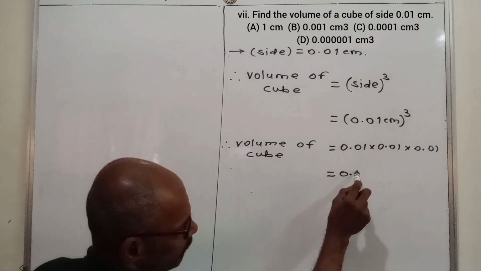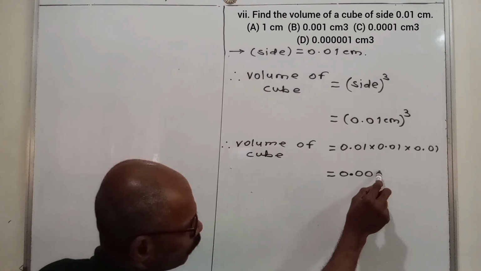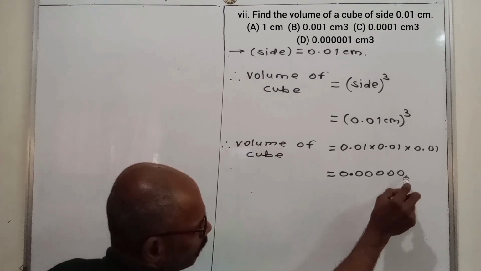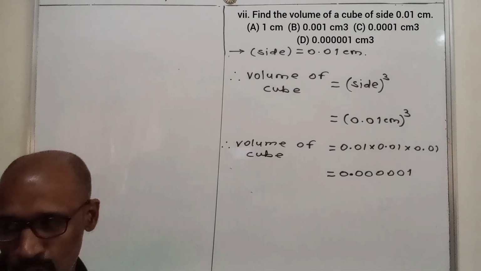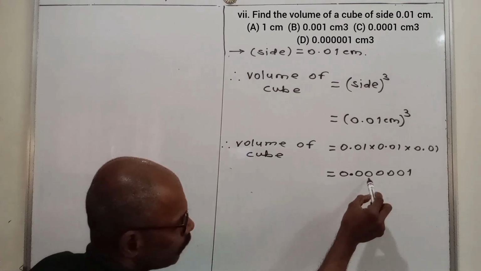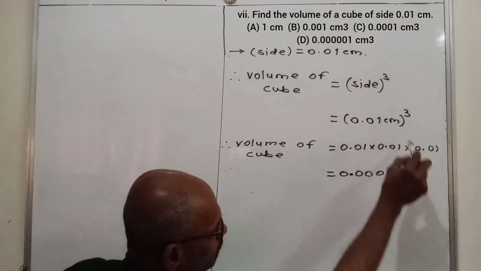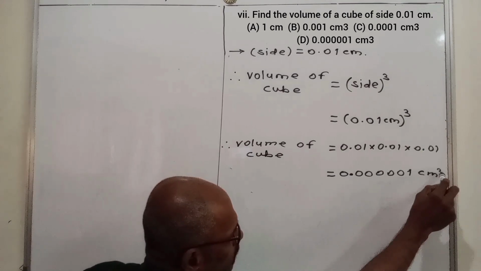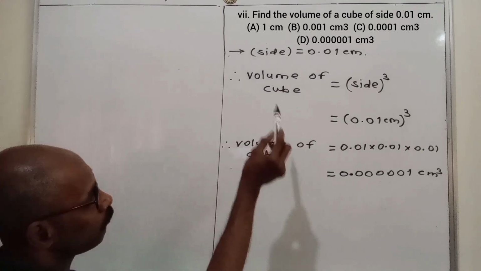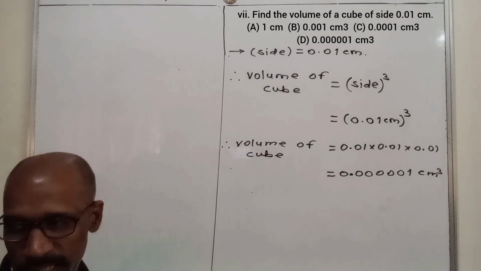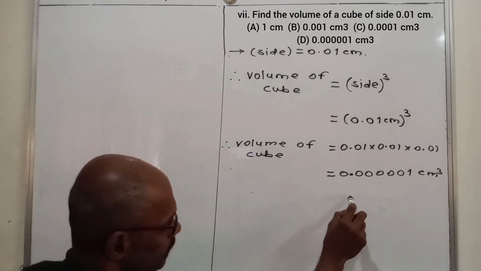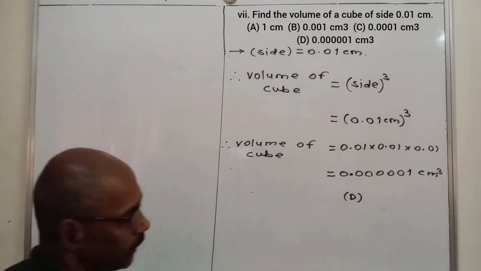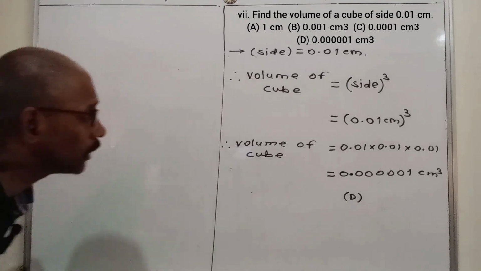Therefore 6 decimal places. 1 into 1 means 1, so 0.000001 centimeter cube. This is the volume of that cube, given cube. This is our answer, and this answer is option D. Did you get it?